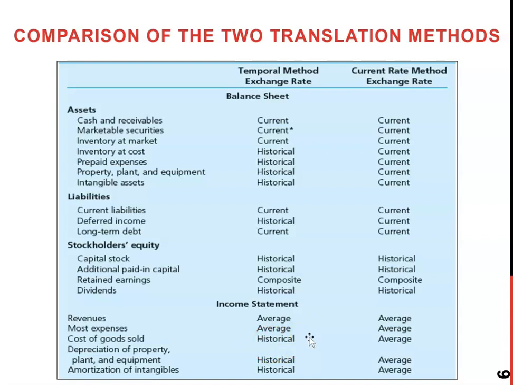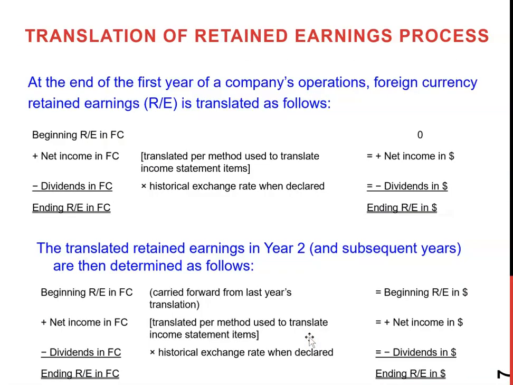If you purchase all of your goods or inventory on one day, you can just use that date's exchange rate. But if you purchase on different dates, then you have to calculate the cost of goods sold. Again, for cost of goods sold, the historical date means the day when you purchased your inventory.